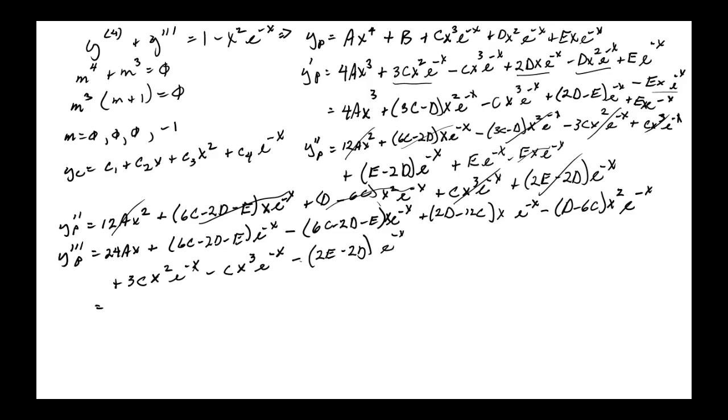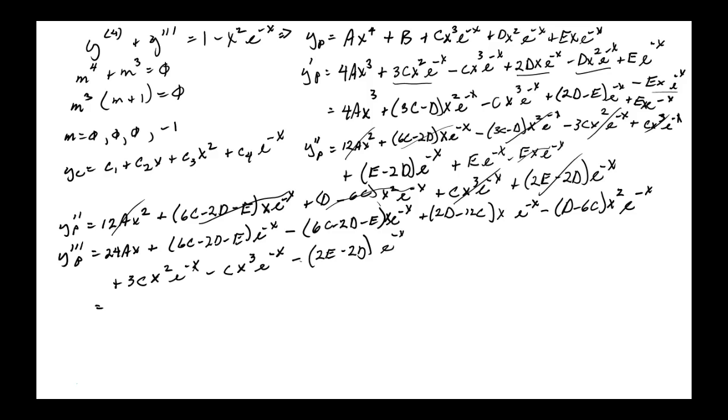Let's see if I've done that anywhere else. This one would be 2 times this, so I'm going to multiply it out. 2d minus 12c x e to the minus x. And then the second part of that is d minus d minus 6c x squared e to the minus x. The minus times that sign. Okay?